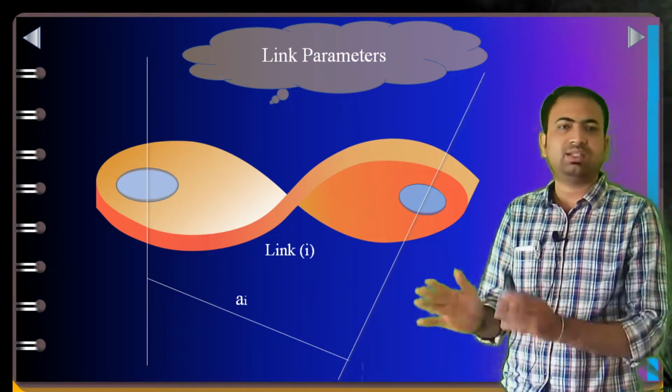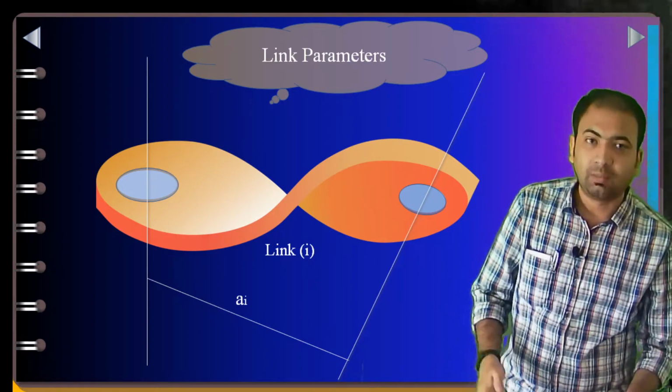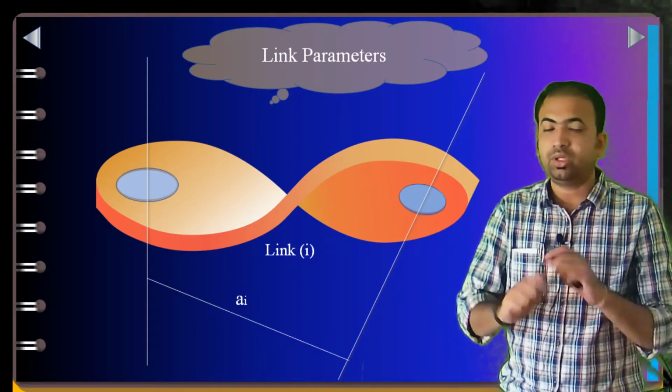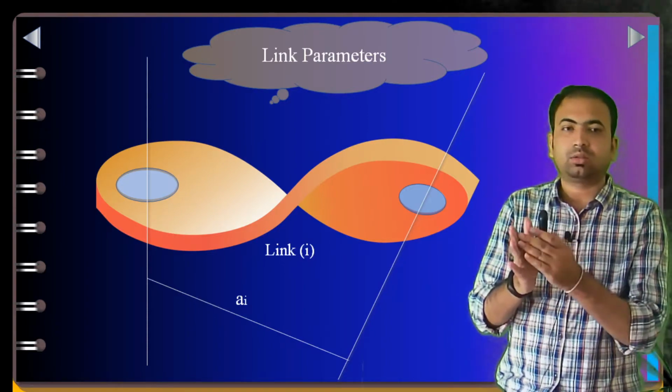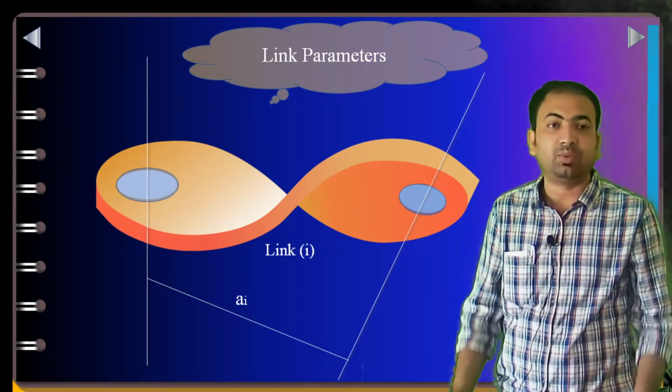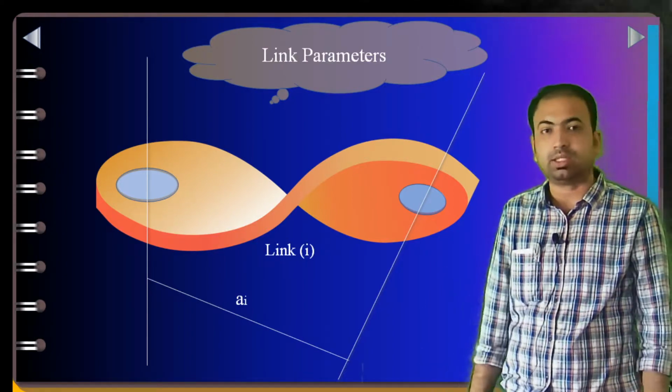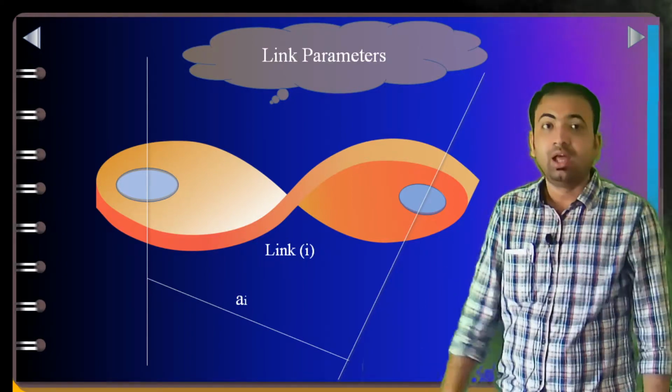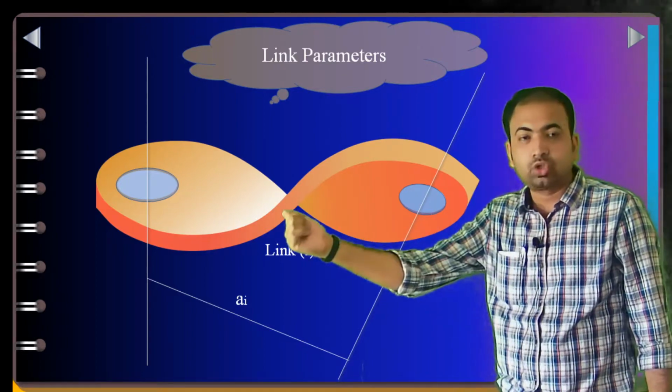In the previous case it was very simple to find, but as here we have twisted, we cannot take an arbitrary length or a straight distance. We have to take the common normal between the axes of these two joints.